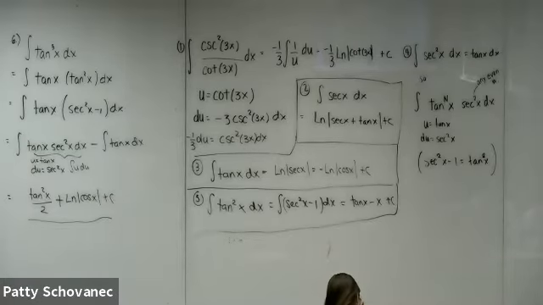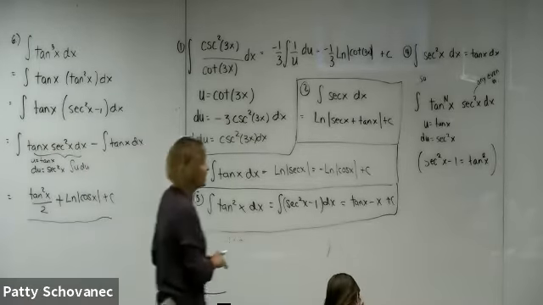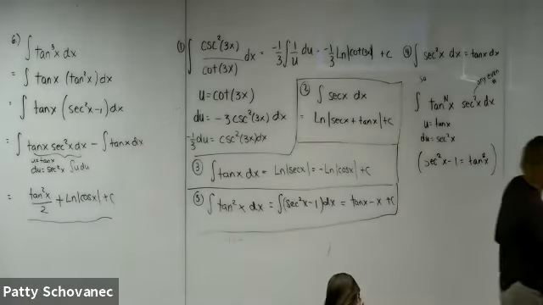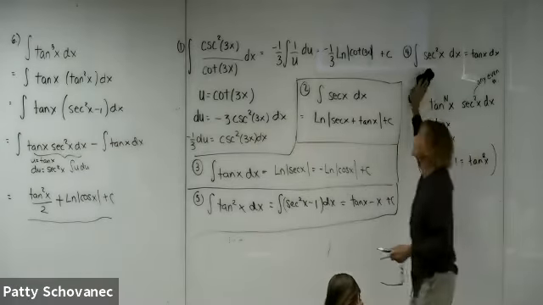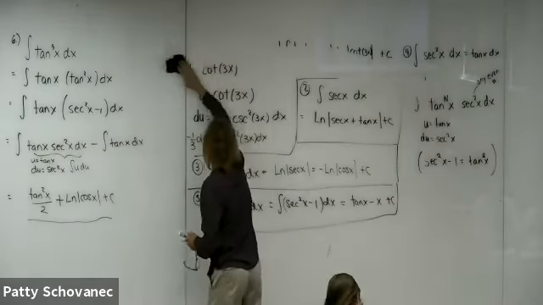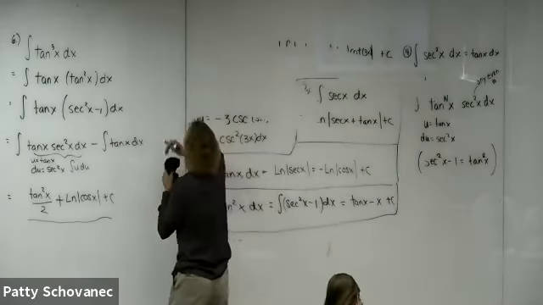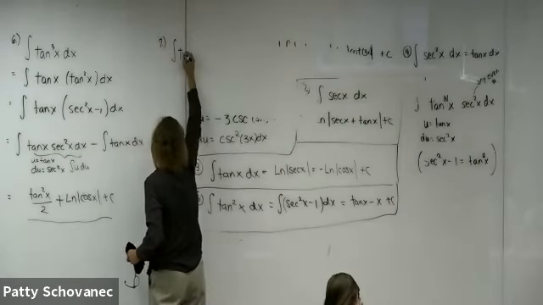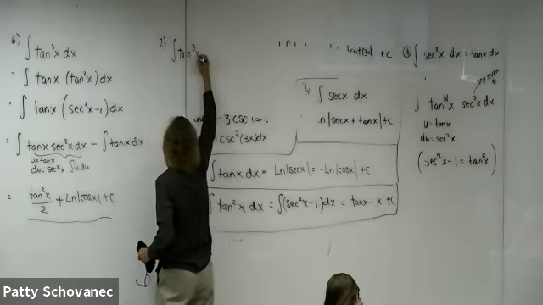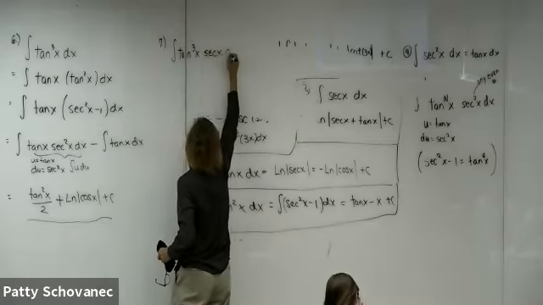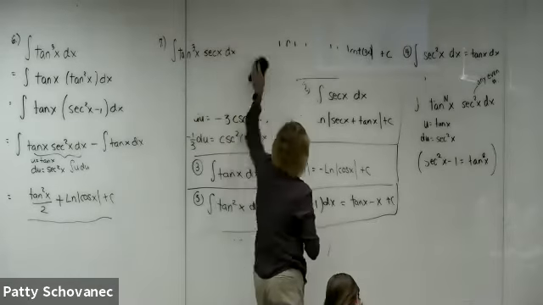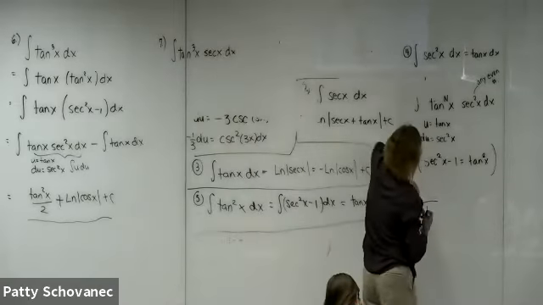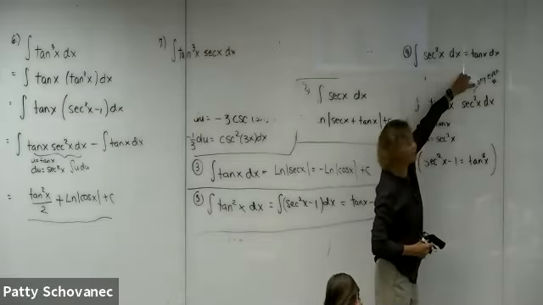And so let's take a tangent cubed times a secant as number 7. Tangent cubed times secant. So I don't have an even number on the secant.